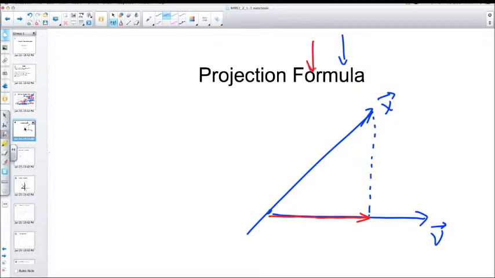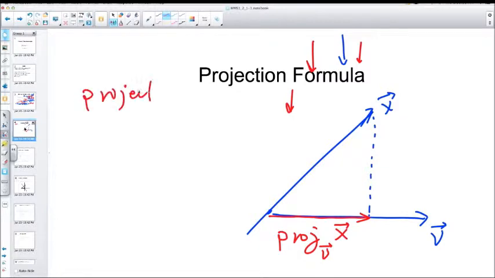So this is the light, and then you look at the shadow, which will be here. We call it the projection of x vector in the direction of v. It's very long. This is the projection of x in direction v. The question is, how do we calculate it?